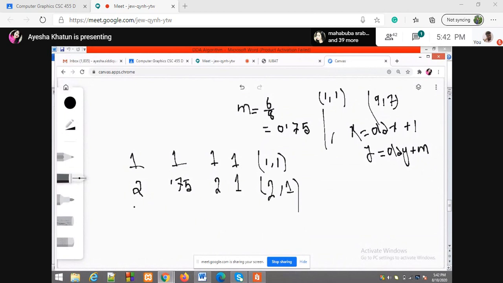X will be 3. The initial value of y is 0.75 plus m is also 0.75. So what will you get? Y is 1, then in the second pixel, y is 1.75.